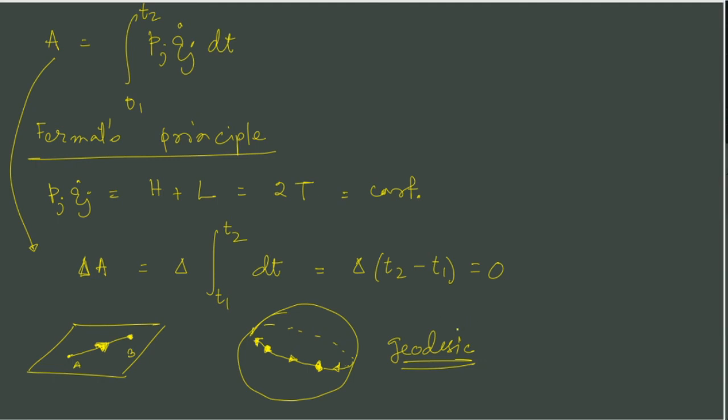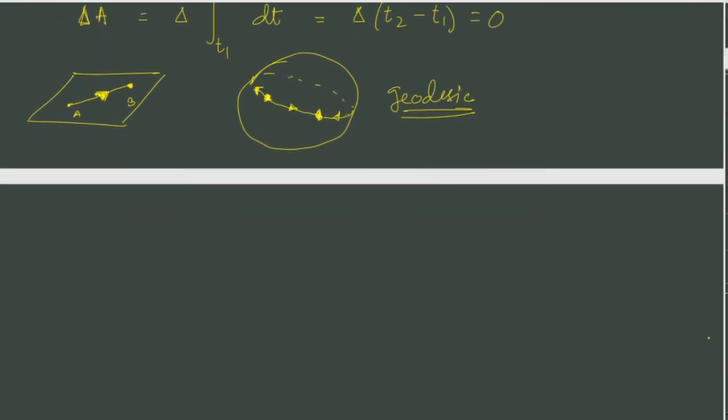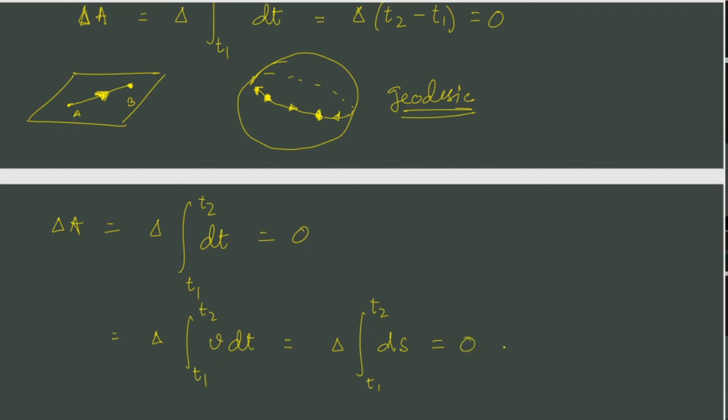Okay. But then there is a straightforward extension to Fermat's principle. After all, if this equation holds that the variation of ∫dt is 0, then one can multiply by the speed and get something like ∫v dt, which is equal to the elementary path length ds, to be 0, and that gives you the principle of least path.